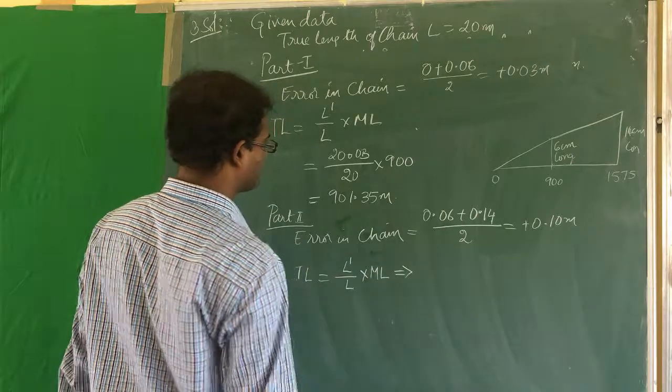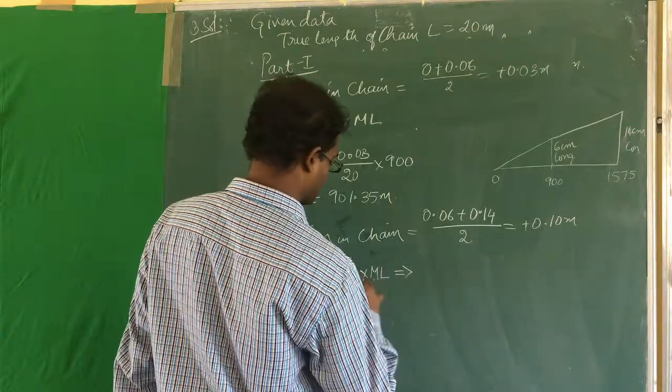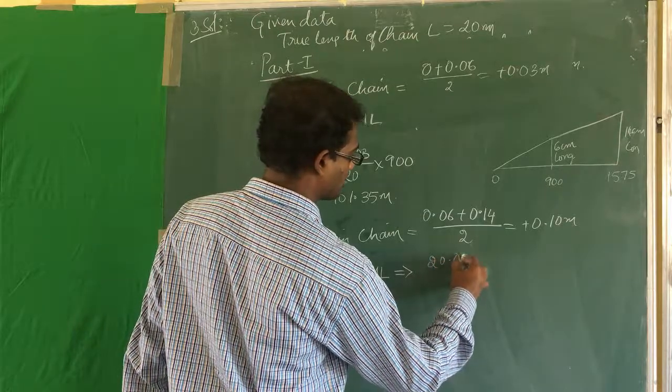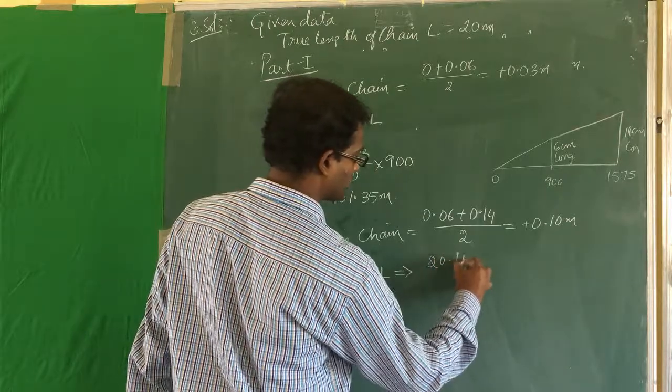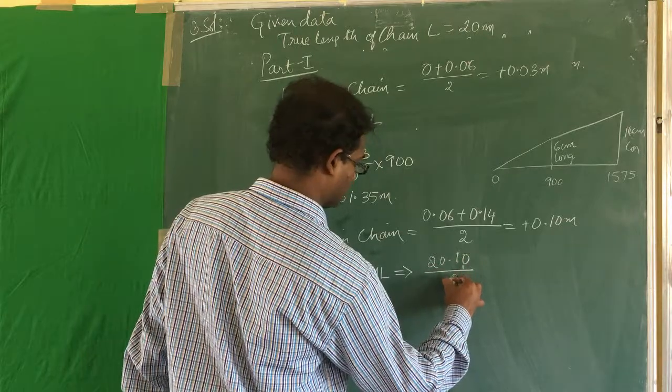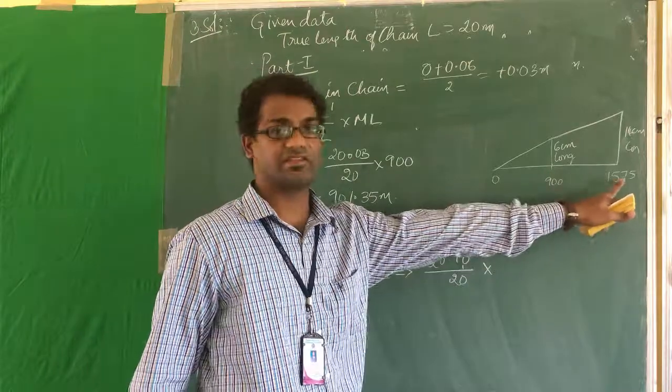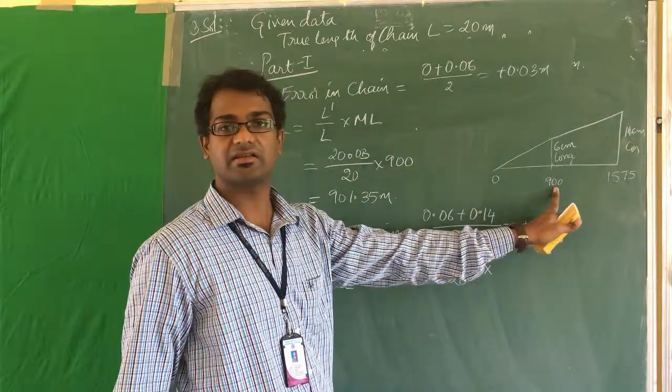L dash is 20.10 divided by 20 into the distance, 1575 minus 900.